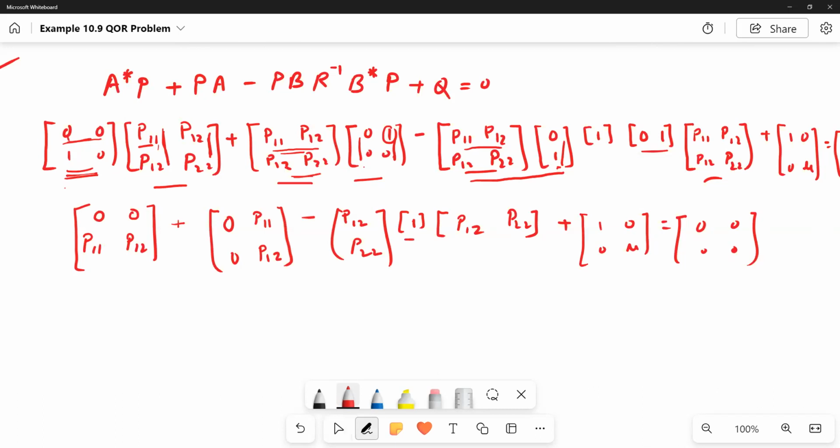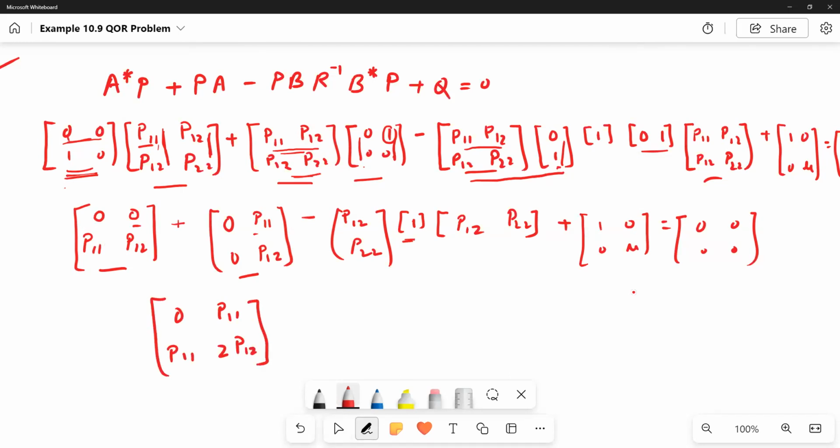So this will be simply as it is. And we can add these 2 as well. So adding these 2, first derivative is 0, second derivative is P11. This is P11 as well. And there will be 2 P12.